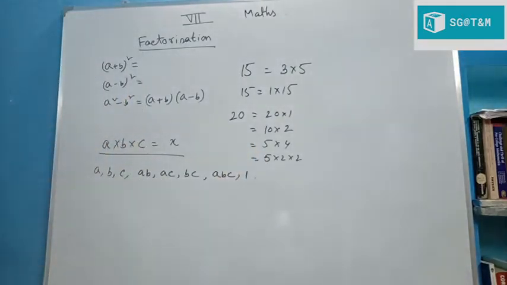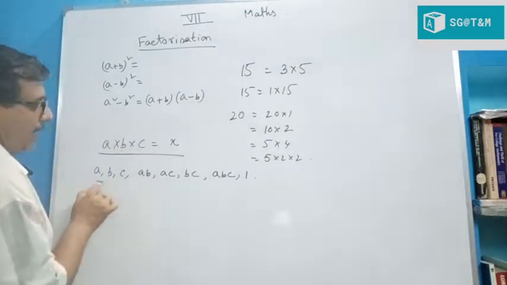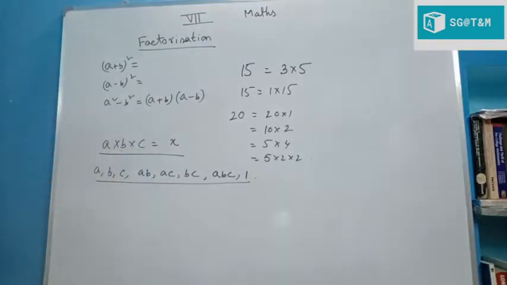So if x is equal to a into b into c, there are 8 factors. But roughly speaking, we can say the factors of x are a, b, c.